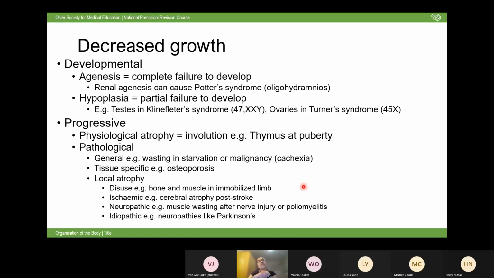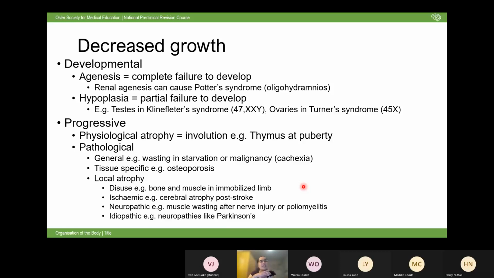And an example of this is if your kidneys don't develop, then that causes Potter syndrome, which is where you don't have enough amniotic fluid, because particularly in the second trimester onwards, amniotic fluid is majoritively produced through fetal urine. And so if you don't have kidneys, then you're not producing urine. And this can cause a lot of problems and often premature labor.